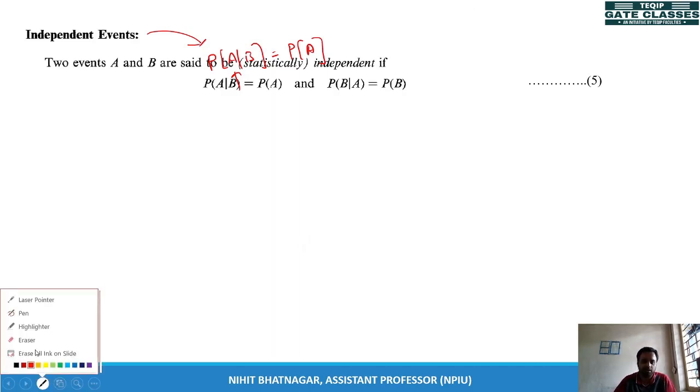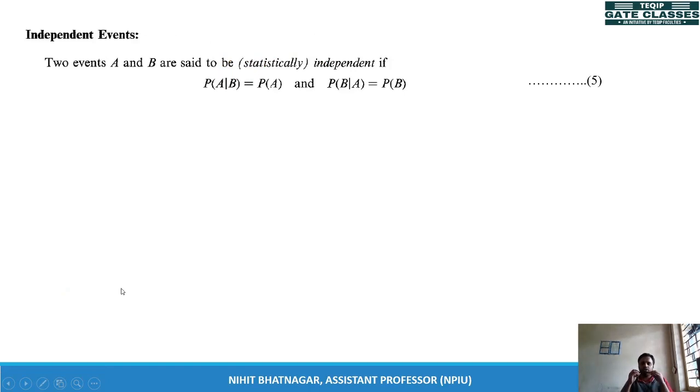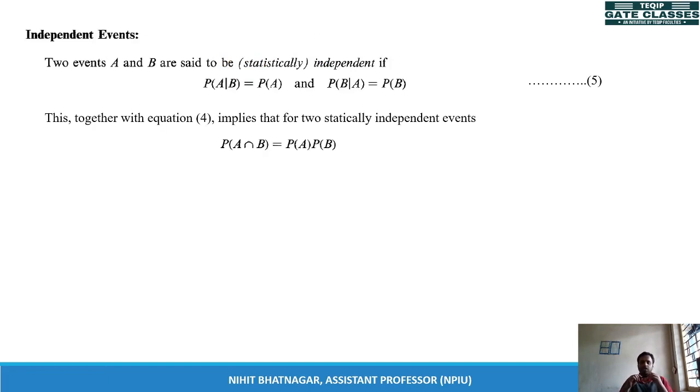Two events A and B are said to be statistically independent if P(A given B) equals P(A) and P(B given A) equals P(B). If we write the joint information of A and B, when A and B are mutually independent, we can write it as P(A) into P(B).